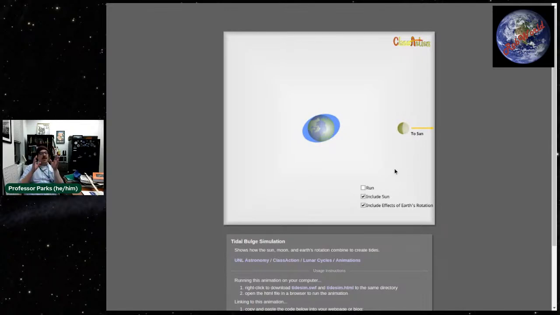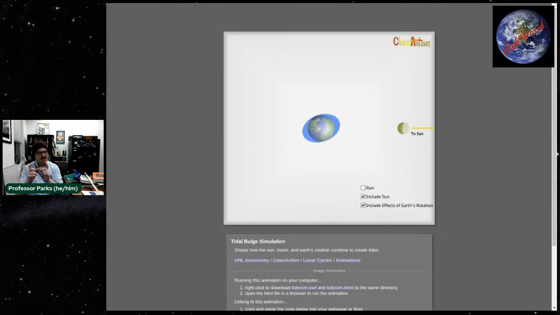The sun is going to exert a tidal force on the Earth as well, just not nearly as strong as the moon. That might seem a little bit counterintuitive because, well, the sun is way more massive than the moon is. But you also got to realize that the sun is way farther away than the moon is. And so again, gravity is a direct function of mass, but an inverse squared function of distance.